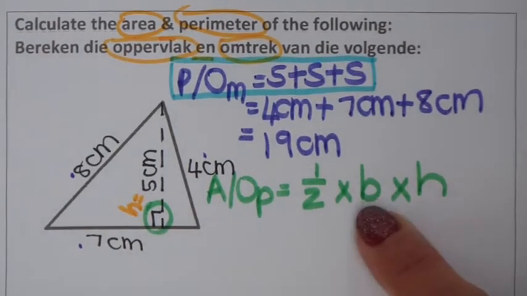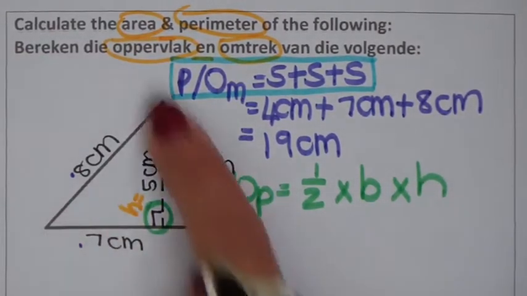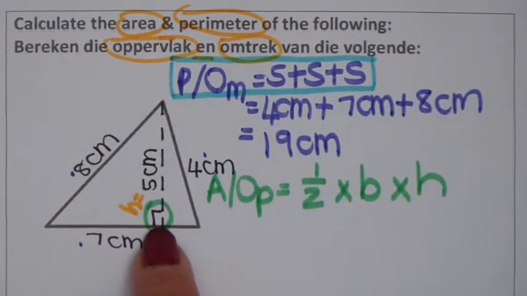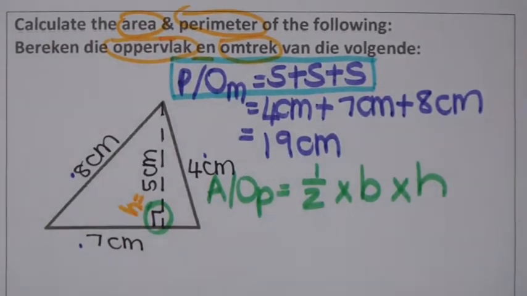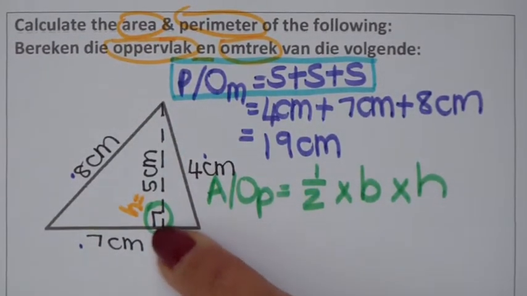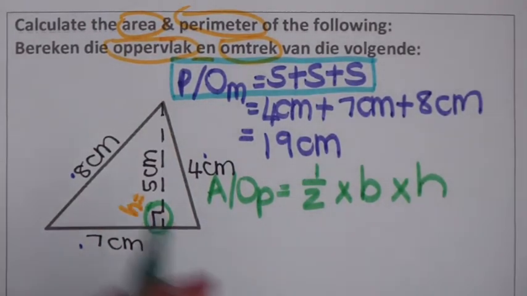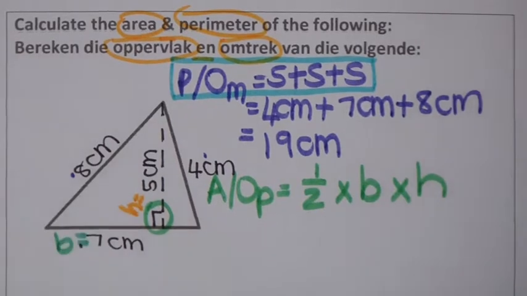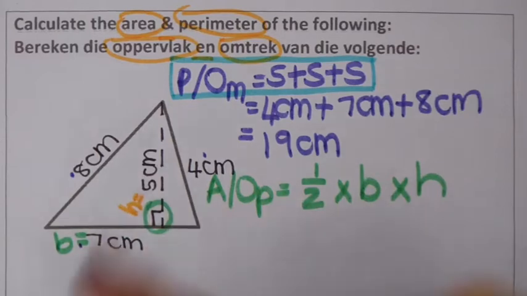And what will the base be? Whatever of the outside sides of the triangle is perpendicular, and the other, it's like the two of them form a 90 degree angle. So it's that side of the triangle that the height forms a 90 degree angle with. This is the base. And I'm actually going to put it in, I'm going to say B equals, base equals 7 centimeters, height equals 5 centimeters.